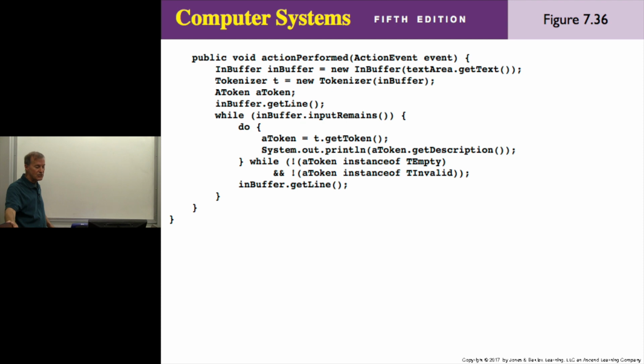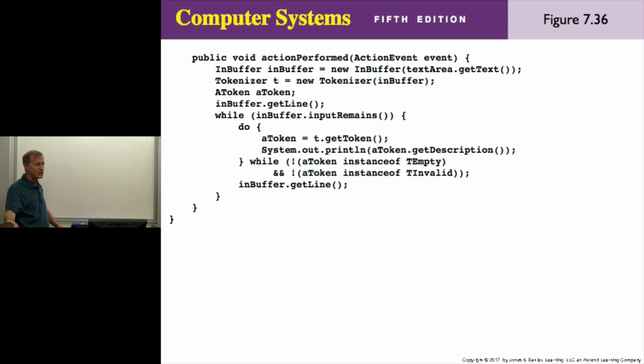New, yeah, it gets new. So what new allocates from the where? The heap. So it's getting this buffer from the heap. Okay, so it is new in buffer. And then here we have text area dot get text. So obviously what that does is that takes the text from the dialog box as a string and puts it in buffer.